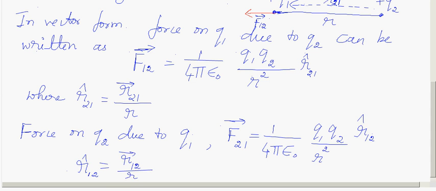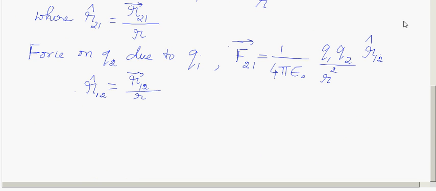Let me show you this in figure. We have two charges plus Q1 plus Q2. We have to calculate force on 2 due to 1. So now let us mark this distance vector as 1 to 2, R12.